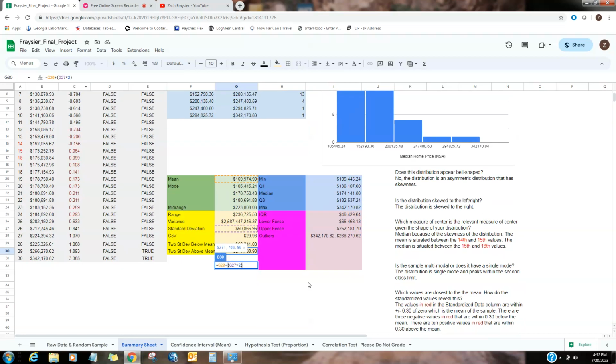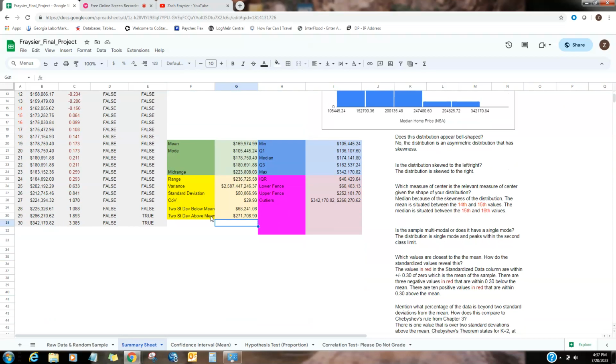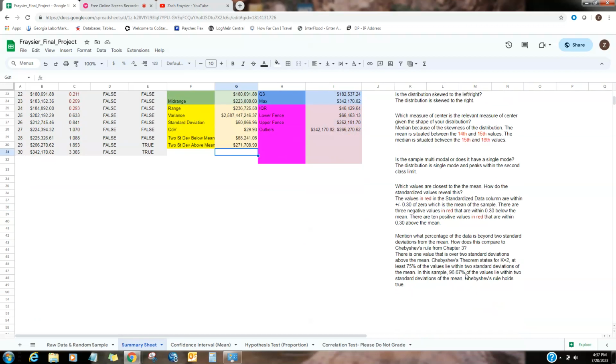There's nothing on the lower end, but above 2 standard deviations, there's 1 value. So that gives us 96.67%, which is above the theorem's 75%, at least 75% for 2 standard deviations.